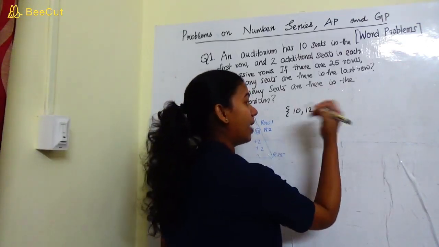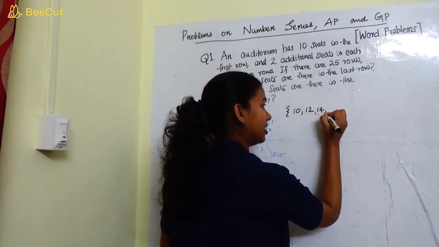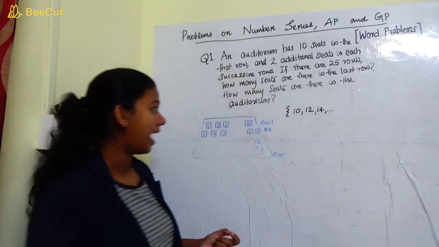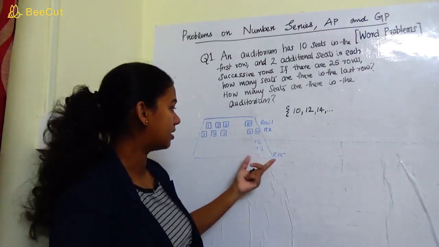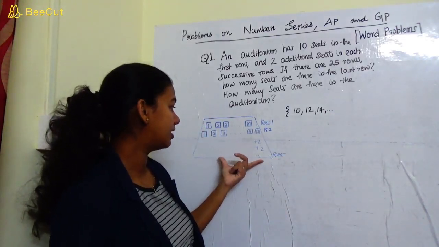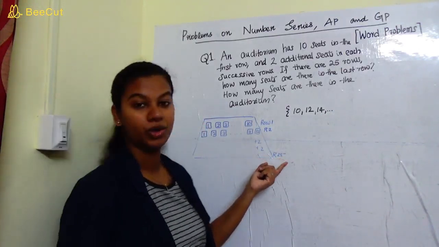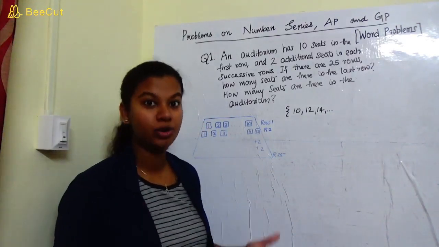The next we have to add 2, to get 14, etc. And there are 25 terms, and the last term, that is how many seats are there in the 25th row, that we don't know. We have to find out.